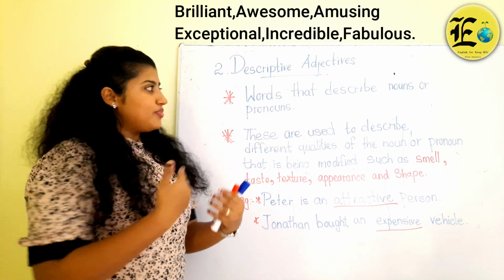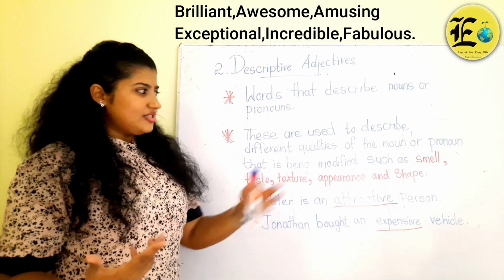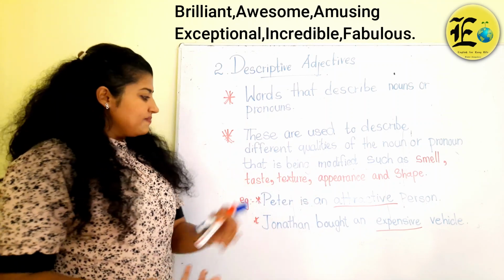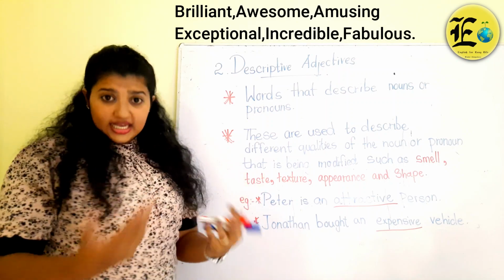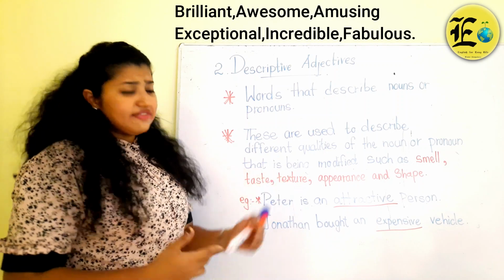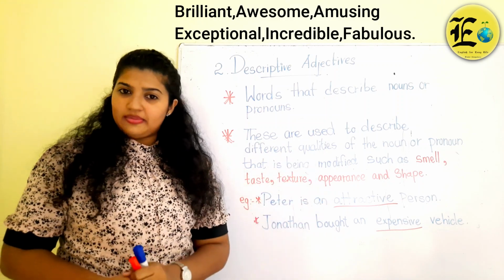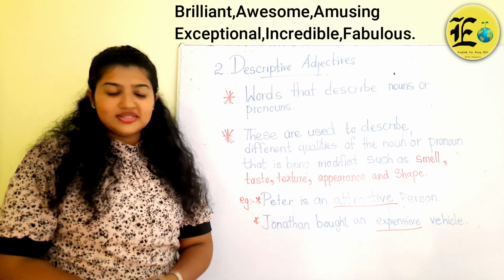So this will provide some more meaning to the noun or the pronoun related to the smell of a particular product or a thing, or regarding the taste of some kind of food, or even the texture, the color, even the appearance of a particular person or a thing, and also the shape. So let us get into detail with the examples.